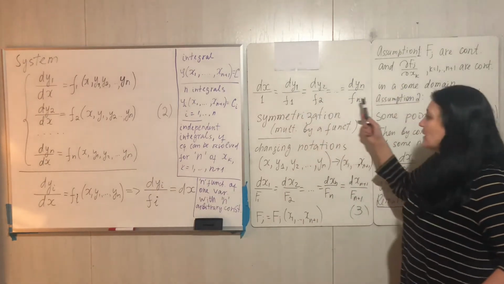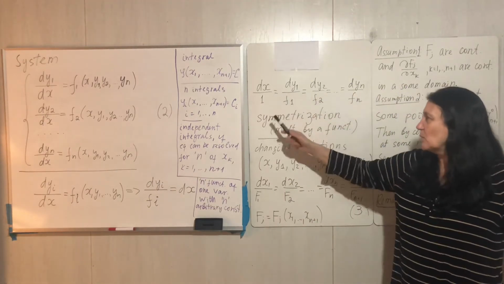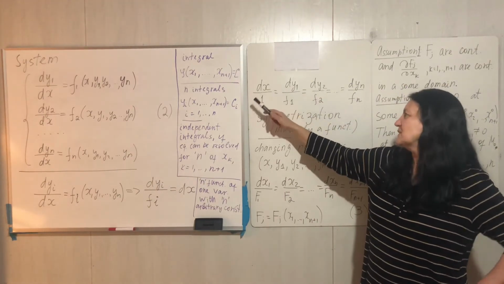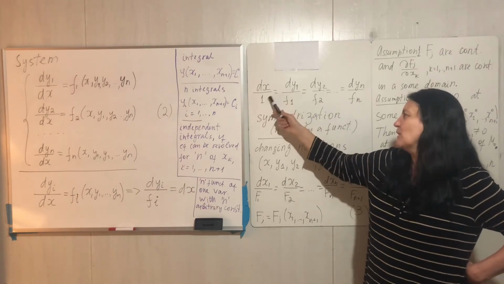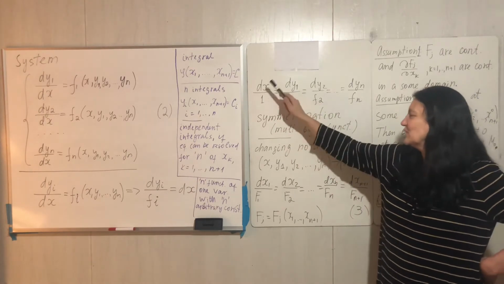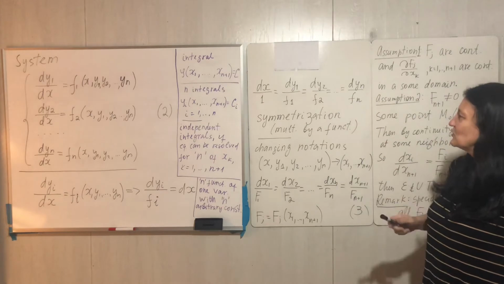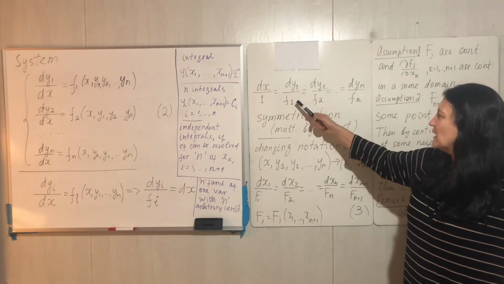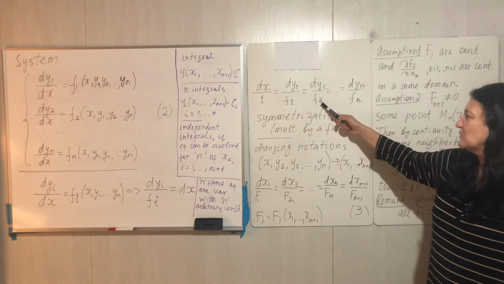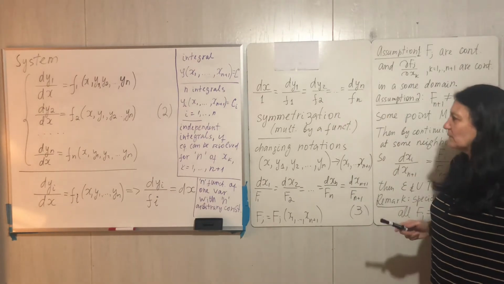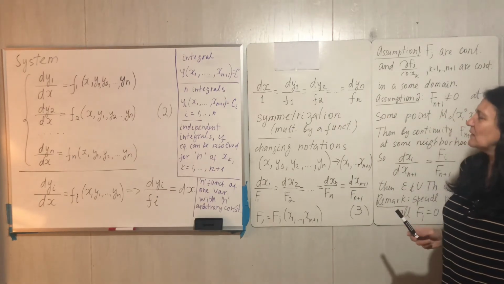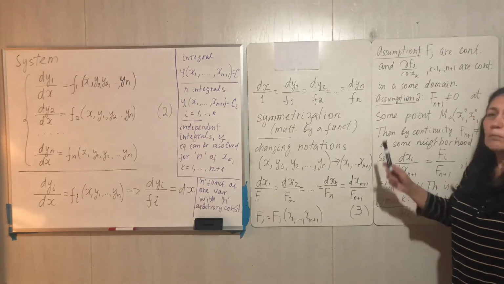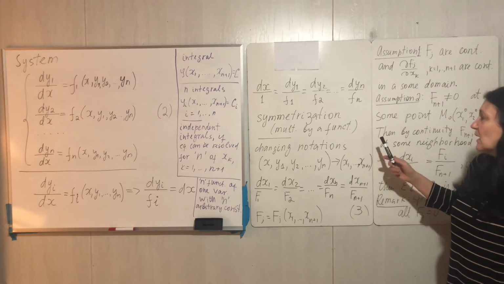So let's go here, the side which had dx, let's make a fraction, let's divide it by 1. It's not necessary, but just to keep a structure. And then we will have that it equals dy1 over f1 equals dy2 over f2, and so on.